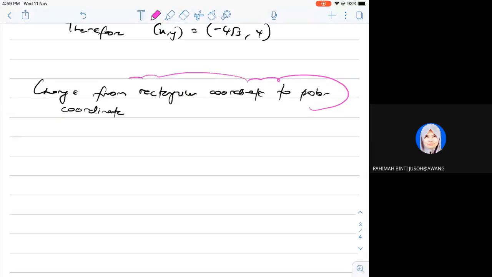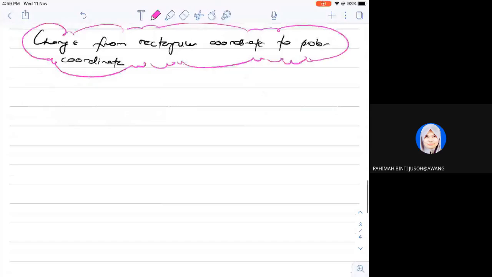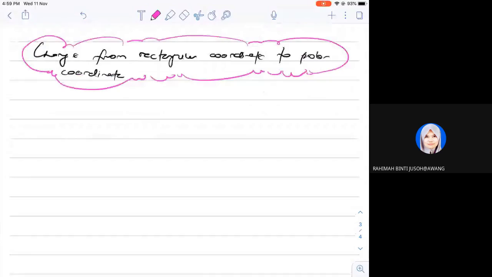Okay, it was reversed just now, we changed from polar to rectangular, but now change from rectangular to polar coordinates. For this case, you are given x and y, so you need to find r and theta.